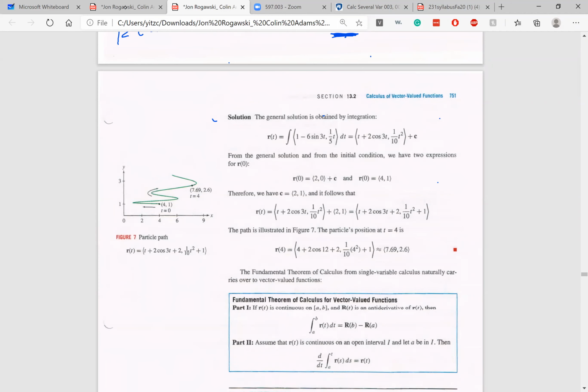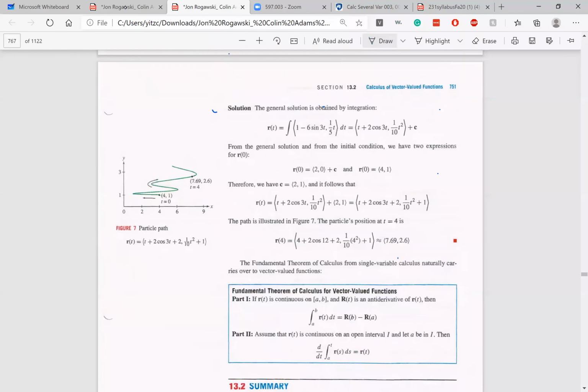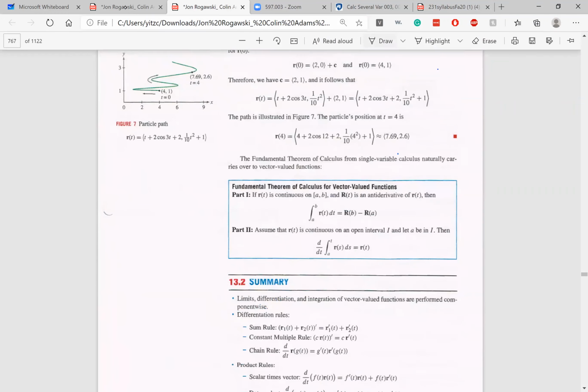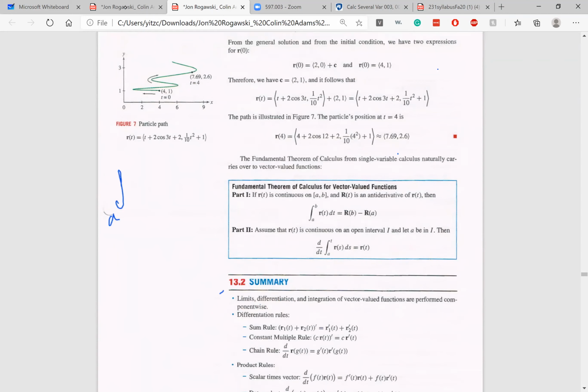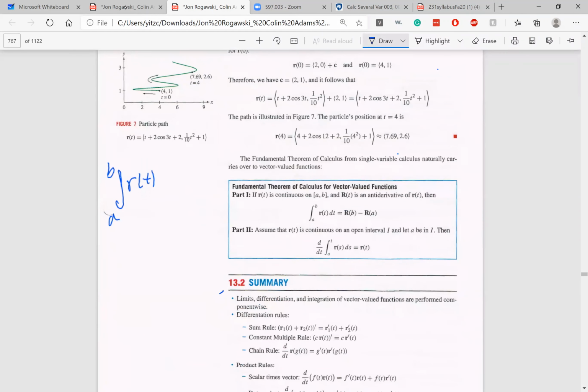Yes. Okay, now we have very similar formulas to the fundamental theorem of calculus from Calc 1. The integral from a to b of r prime of t dt is equal to r of b minus r of a.